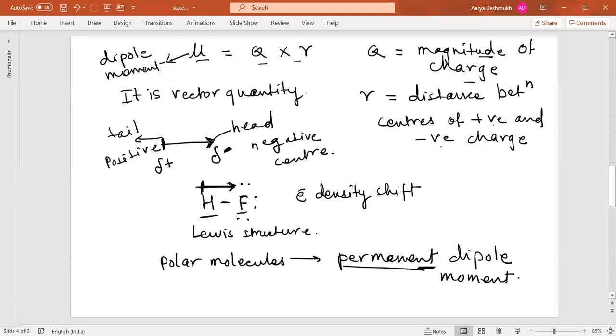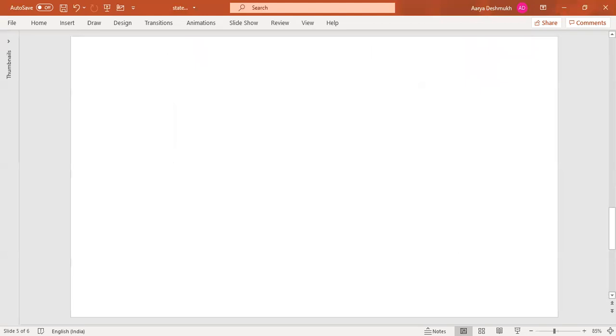Now when a polar molecule encounters another polar molecule, I hope you know what is polar: there is formation of a dipole, positive and negative charges.